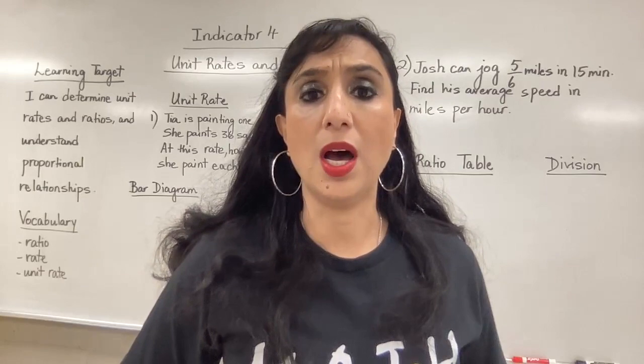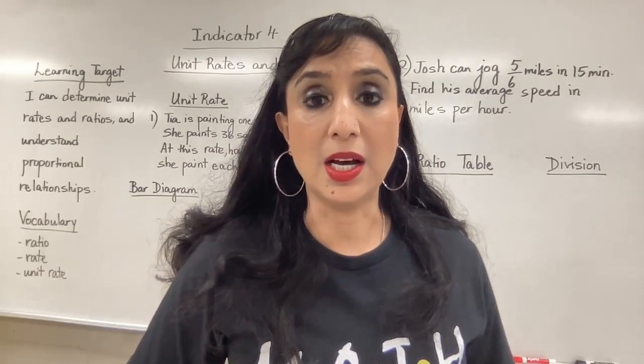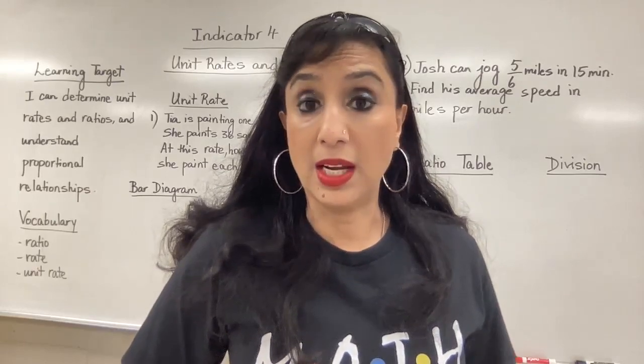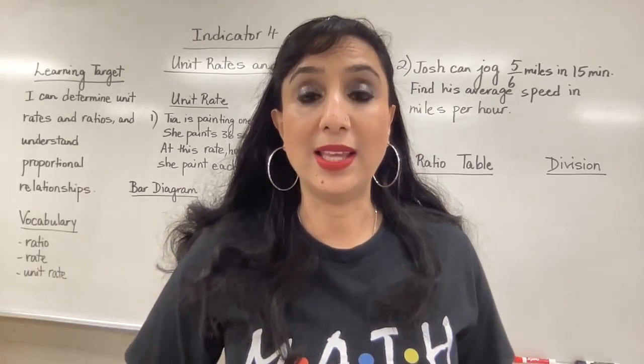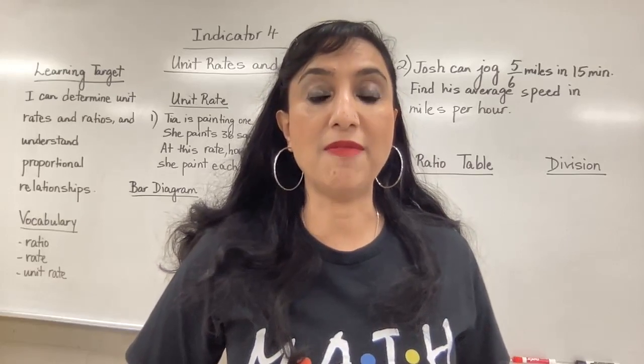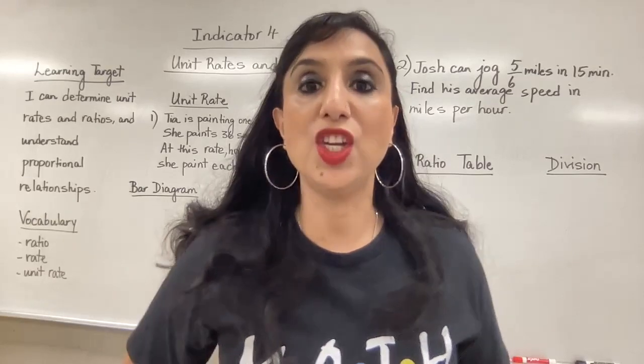Or miles per gallon, 70 miles in two gallons would be a rate. And then if I say 35 miles per gallon, over 1 gallon, that becomes a unit rate.